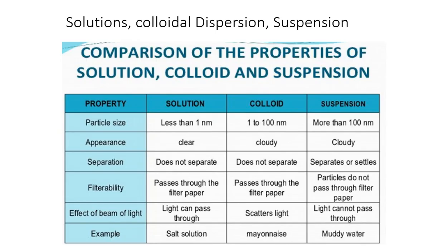Now, if we look at these types of mixtures, we can further group the homogeneous and heterogeneous mixtures into 3 groups. As we said, for homogeneous mixtures, we have 2 groups of them: colloids and solutions.